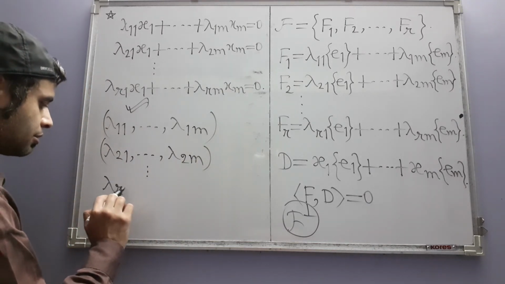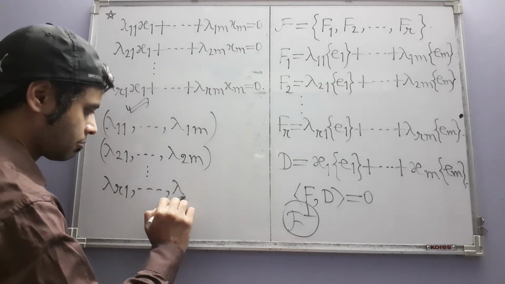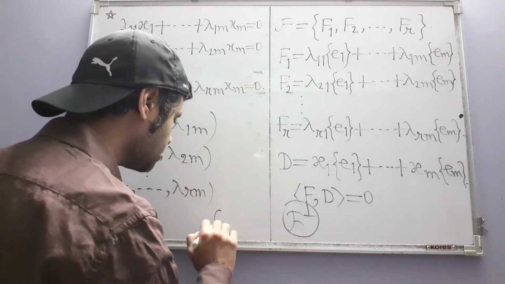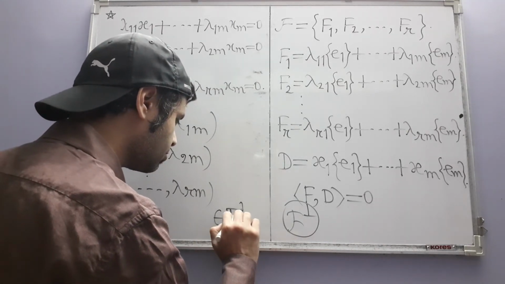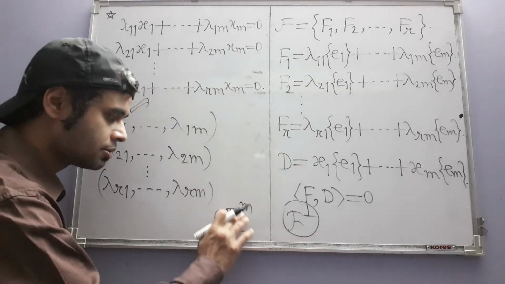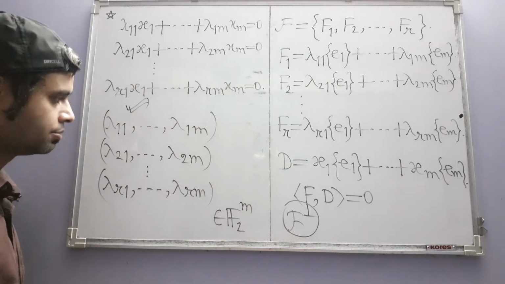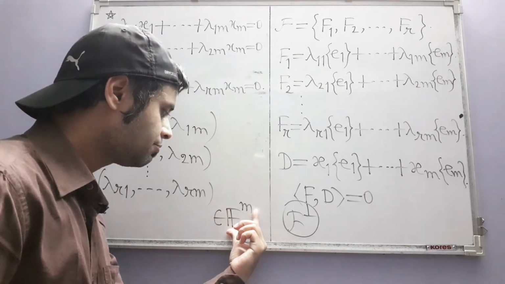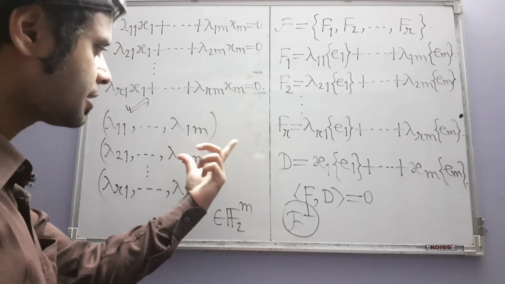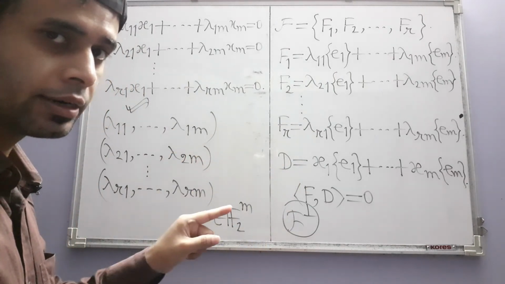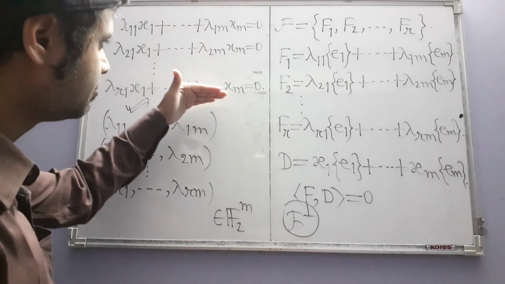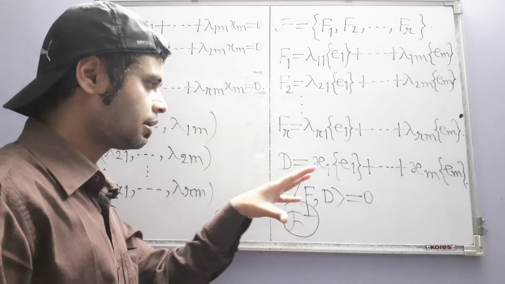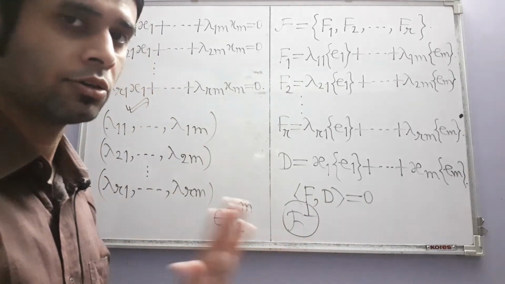These are also vectors in this space F2M, the space of all m tuples of field elements where the field is F2, and these vectors span a subspace of F2M. That subspace has some dimension, and that dimension is the number of effective equations, because the others can be removed due to the fact that the others are linear combinations of the ones that are not removed.